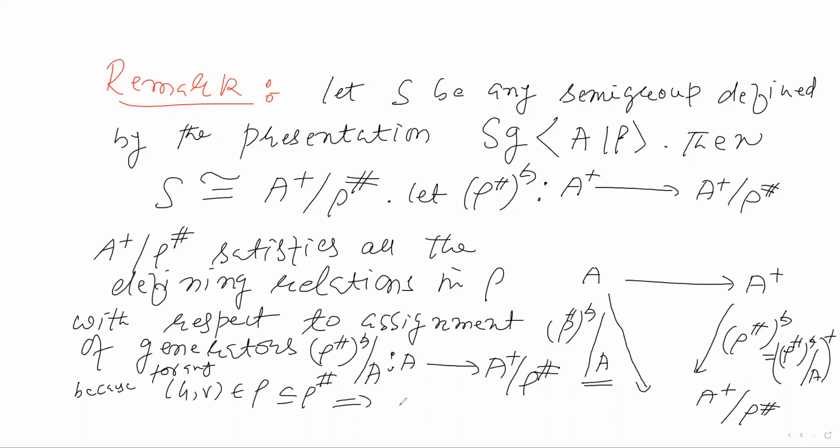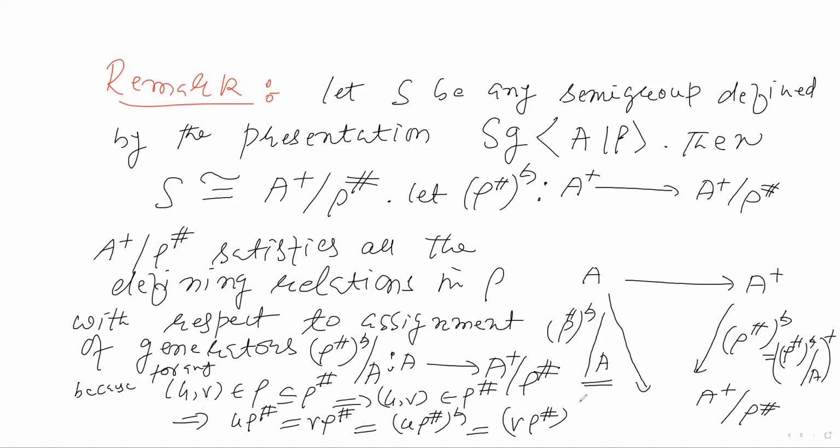So this (u, v) belongs to rho sharp, or in other words u rho sharp is the same as v rho sharp. But this is nothing but u rho sharp natural, its image is the same as v rho sharp natural.